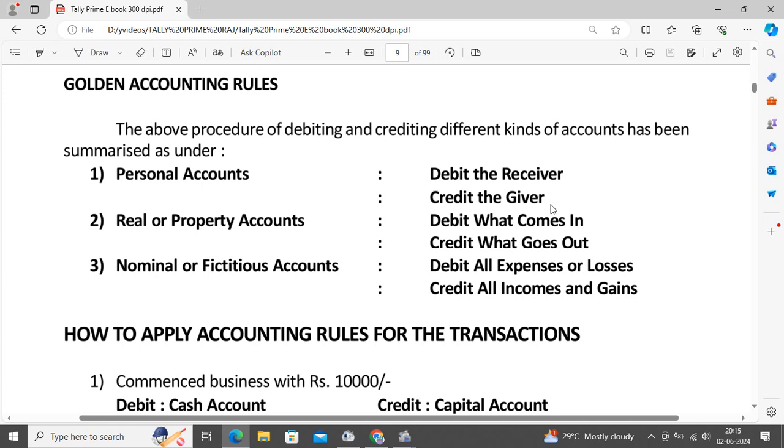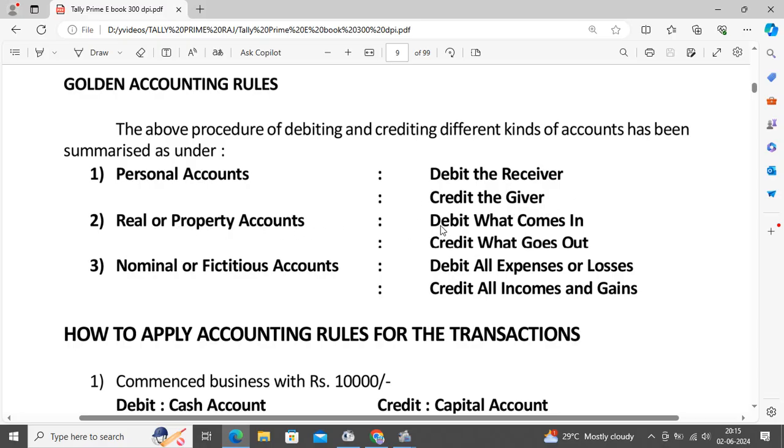If I give somebody some amount, you have to debit the receiver to whom you have given, and credit the giver. That is the golden rule.